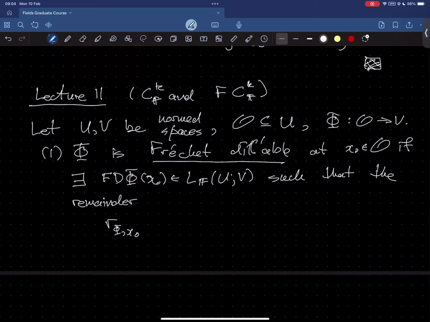So this is going to be a mapping from O minus x naught, so I'm basically just shifting everything by x naught, into V. And this thing is defined as follows.